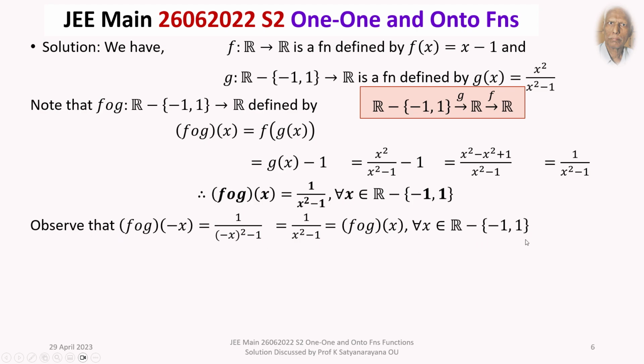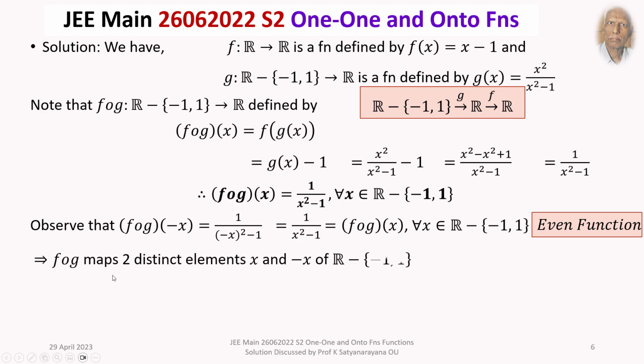That means this tells you that it is an even function, and this implies f compose g maps two distinct elements x and minus x of the domain, that is R minus the set consisting of minus 1 and 1, onto the same element 1 by x square minus 1.